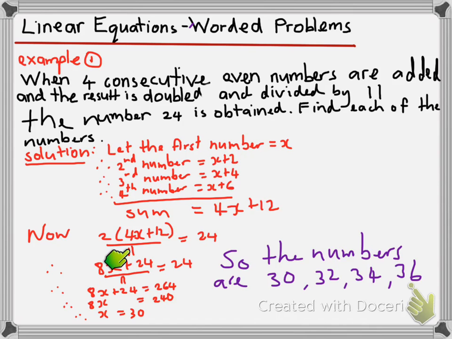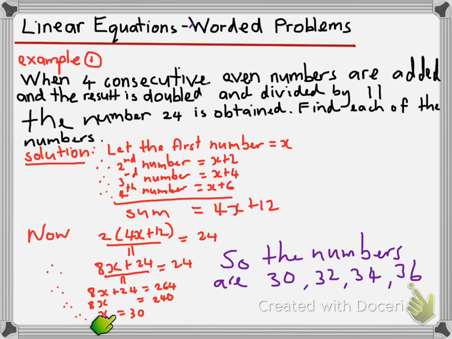And when you have a fraction that equals a number, this is 24, we times that by 11 to get 264. So 8x plus 24 is 264. I'm then going to take the 24 to the other side of the equation, taking it away from 264. That leaves me with 240. So 8x is 240. Last step is to divide both sides by 8.